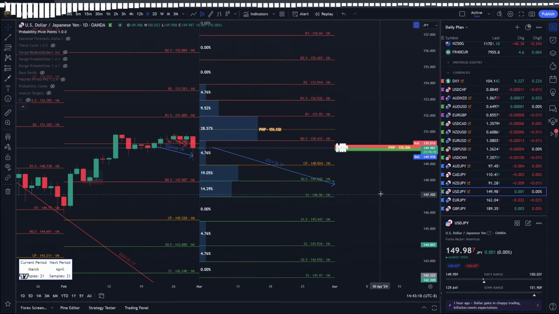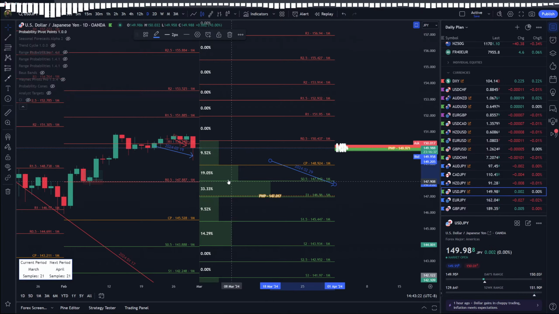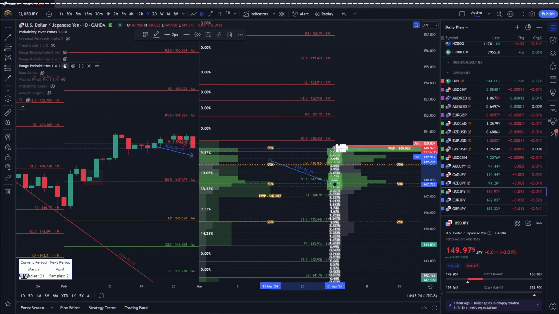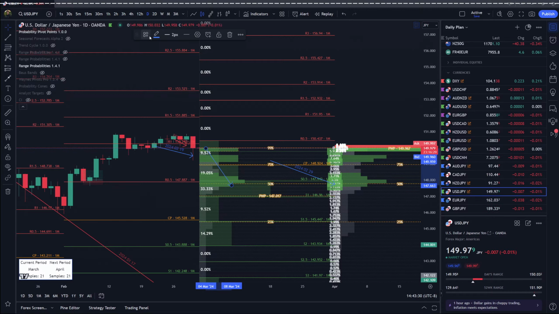And what about a low? Well, most of the lows are also around this spot. Yeah, so that might be too conservative of a close then.